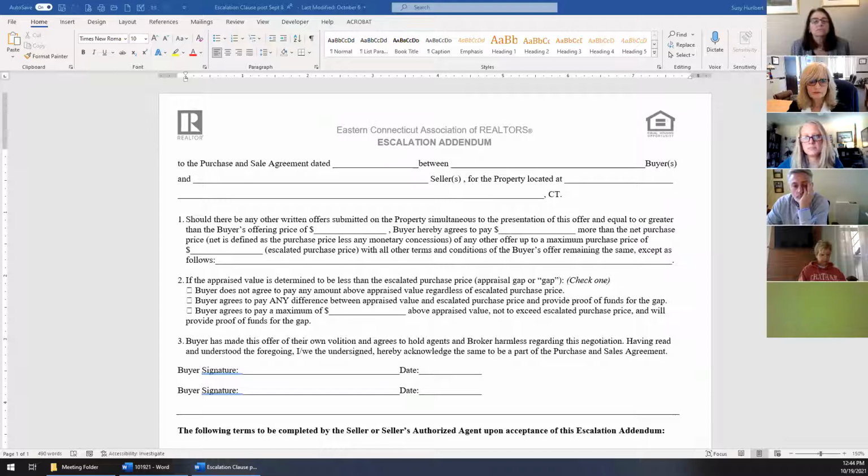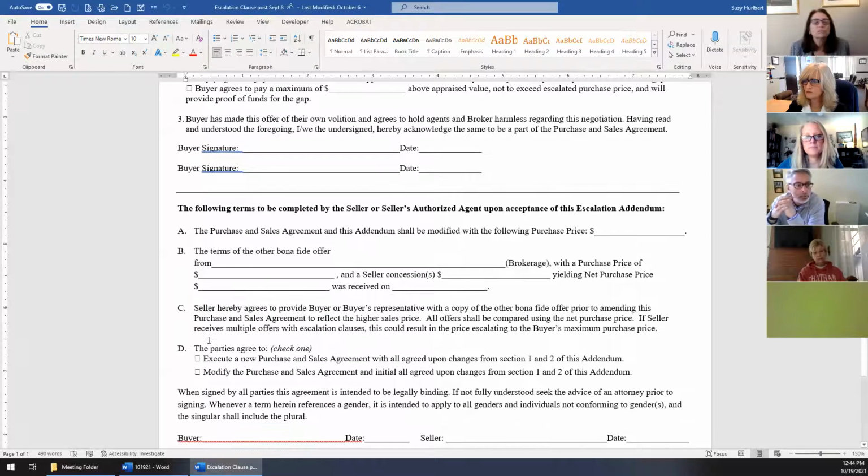So does the seller have to get permission from buyer two to submit that contract, as per paragraph 3 or something in the addendum, in order to give a copy of that contract?